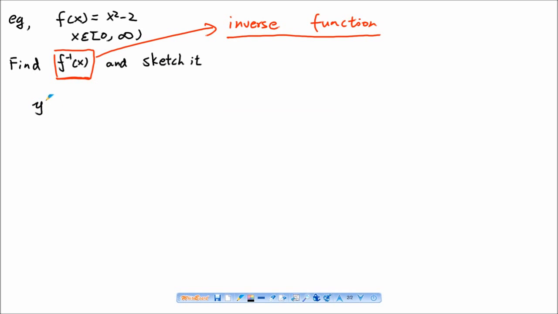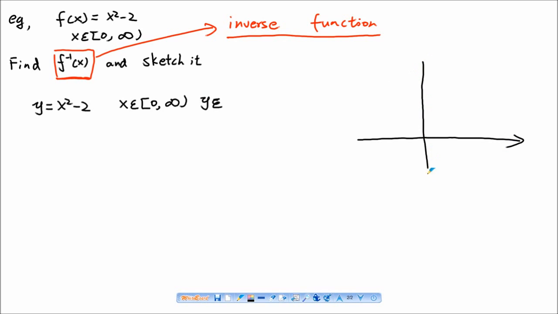So for example, the original graph is y equals x squared minus 2, and x belongs to the square bracket 0 to positive infinity. So let's find the range of the graph.